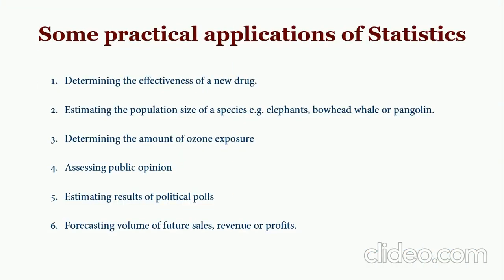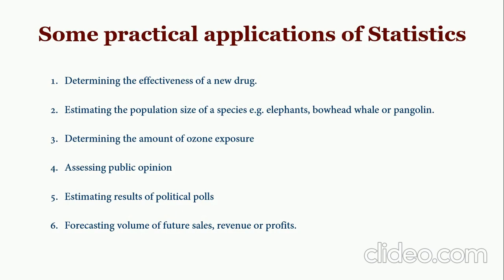So here are some of the practical applications of statistics. Determining the effectiveness of a new drug. In doing so, data needs to be collected and it will need to be analyzed. So we will need to apply statistics.